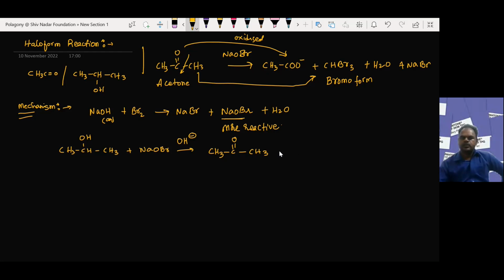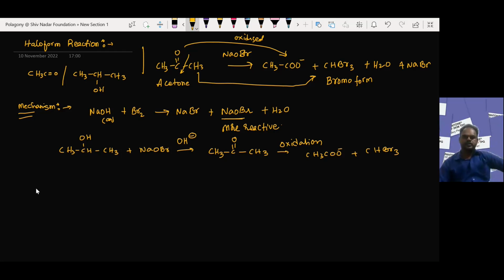Then the ketone will undergo oxidation to form CH3COO minus plus CHBr3.